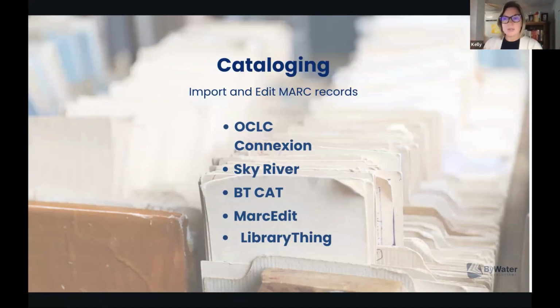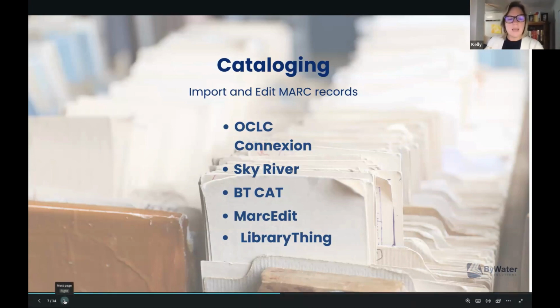There is a direct connection right to MARC Edit if you wanted to pull out some records and manipulate those records using MARC Edit for things that truly are not possible through Koha. But let me tell you, there's a lot of record modifications that are possible through Koha. And then finally, LibraryThing. So we're really looking at the ways that libraries are using these other vendors and how they can integrate right into Koha. Again, expediting those processes.